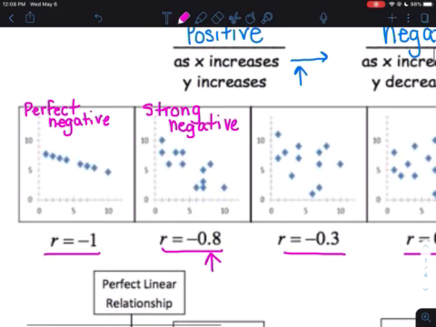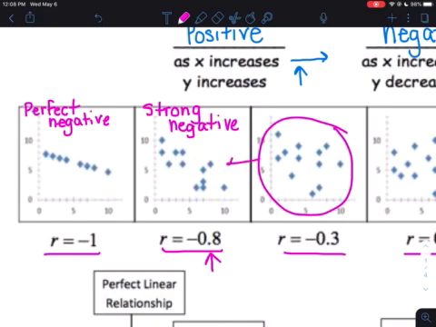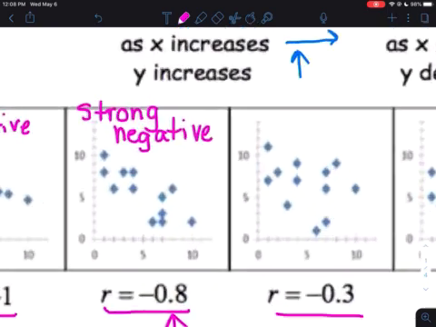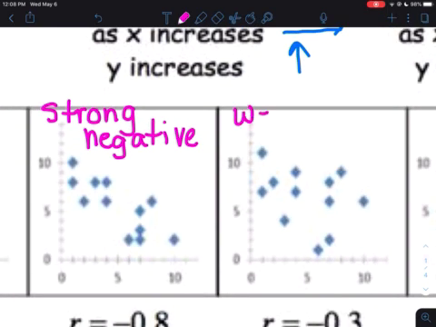Then we move one over and you can see that with this data here, it's not as good as this one, right? But it still has a generally negative correlation. As you're moving to the right, it looks like most of the data is going down. Not all of it, but most of the data. But it's not great. So we call that a weak negative correlation.